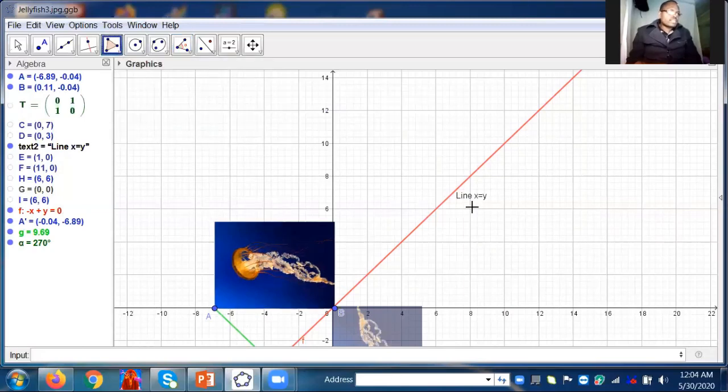So my triangle is J, K, L. And then I'm going to apply this matrix.